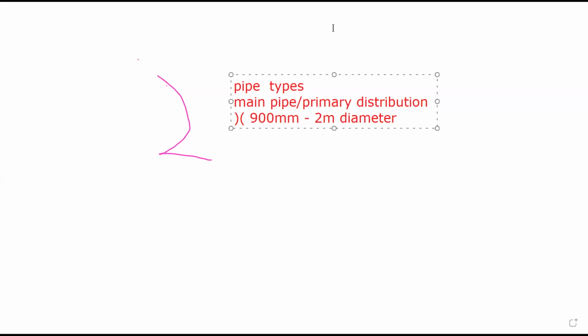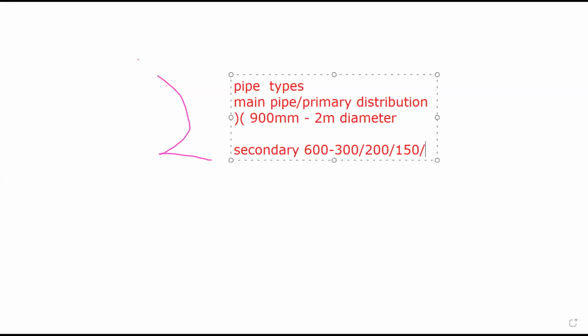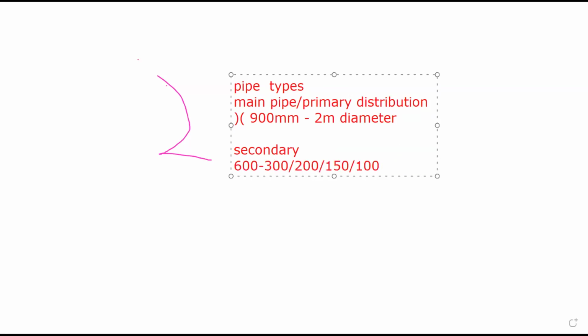Then the secondary will tap from the main. The secondary can now be 600, sometimes 300 to 200, maybe 150, or sometimes 100 too. It depends on the scope and the scale.